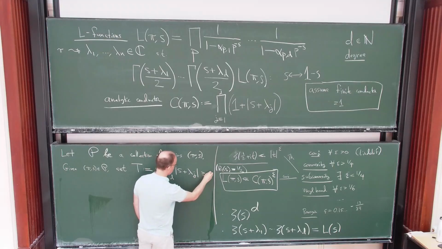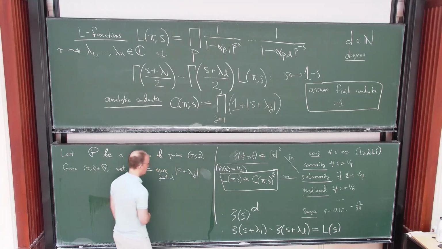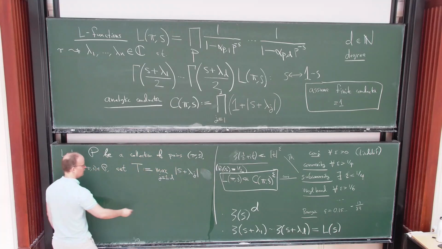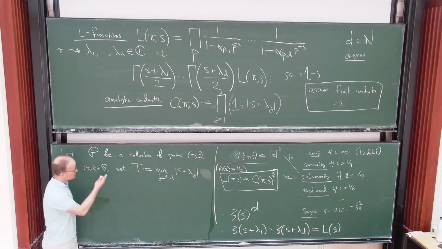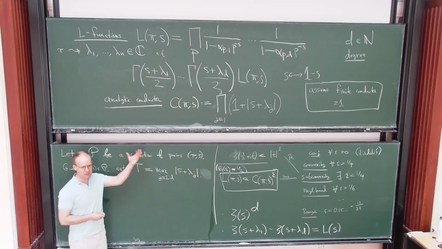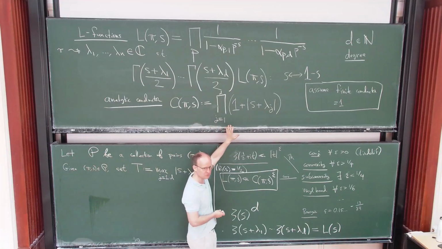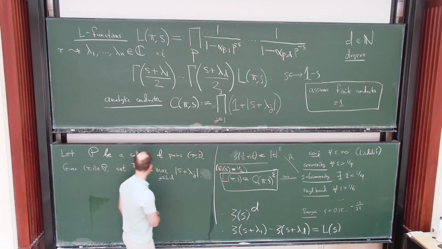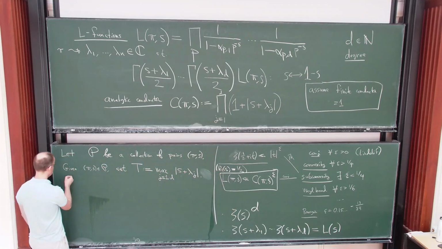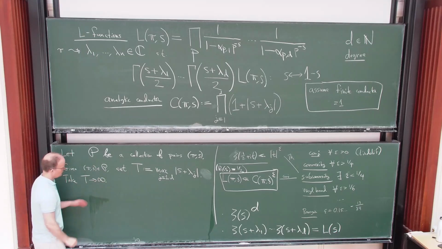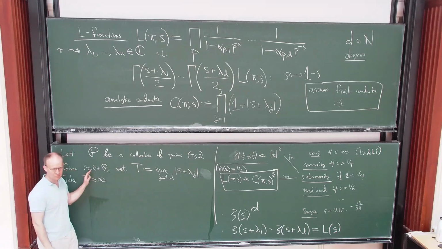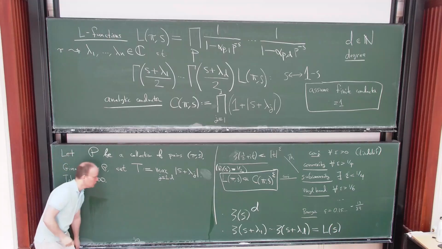This will be some number that's at least, maybe, 1/2, the way I've normalized it. The interesting case for this problem is when the conductor is getting big, because we know that there are basically only finitely many of these things with bounded conductor. So we're going to assume that T is going to infinity, and we'll think of T as something like an indexing parameter for this family of pairs. It's some measure of how big all the parameters are.